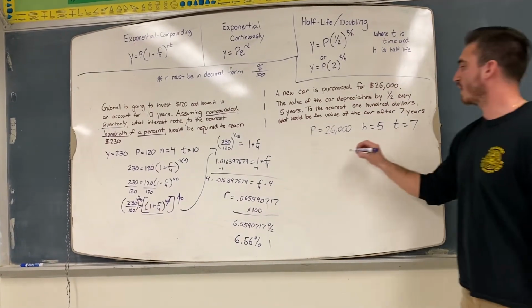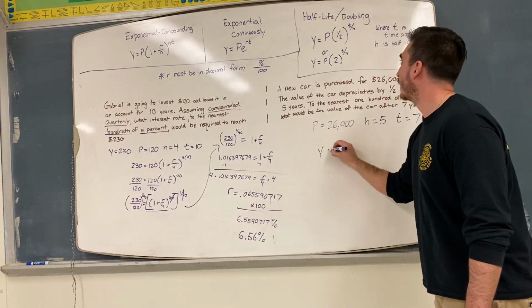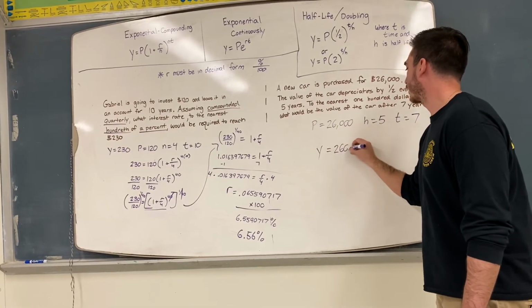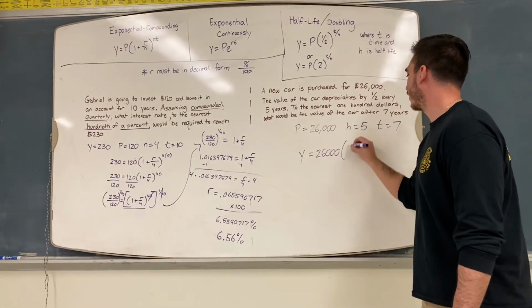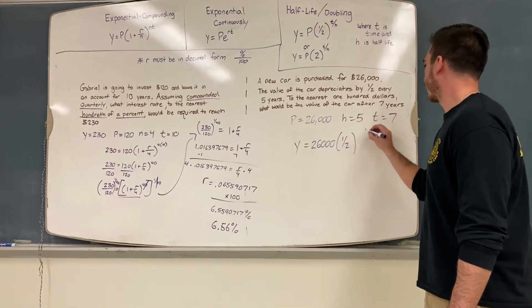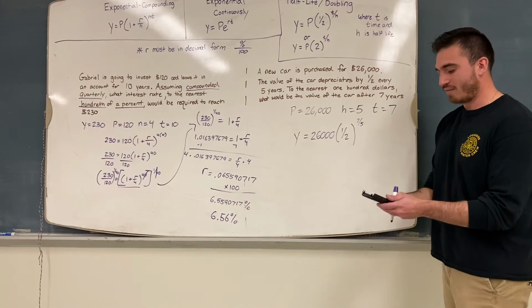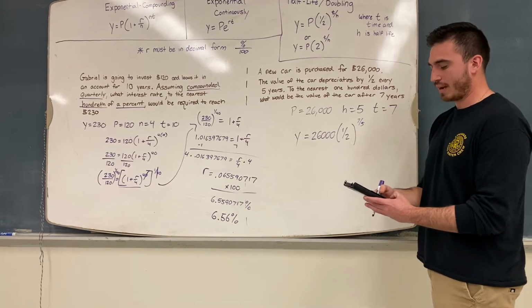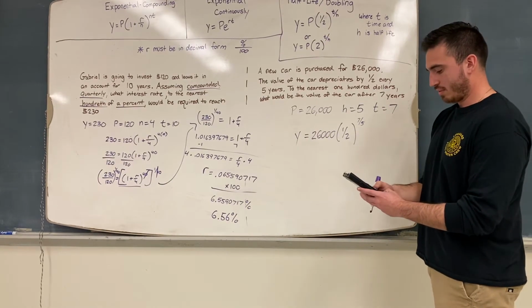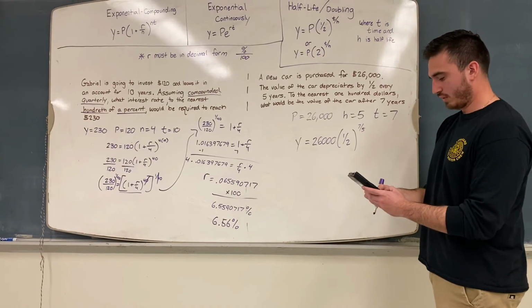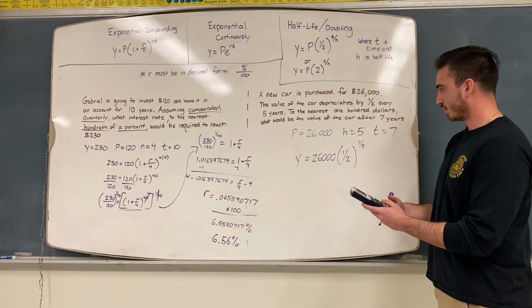So now I'm going to plug into my formula, Y equals 26,000 times 1/2 to the 7/5. At this point, you could just put everything into the calculator, so that's what I'm going to do right now. So we got 1/2 to the 7 divided by 5. Use your calculator apps.